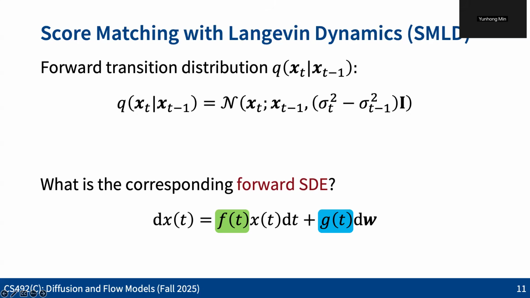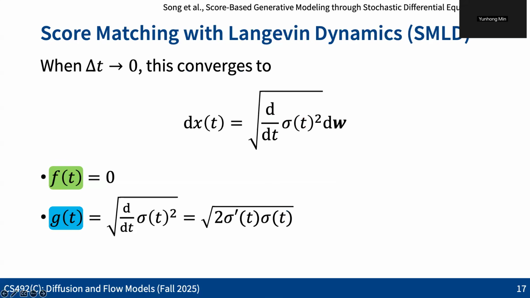From this, we can see that the drift term would be 0. So basically, no drifting here. The mean of the distribution for XT becomes XT minus 1, so every time there's no drift. That's the idea behind having the forward SDE without the drift term here.